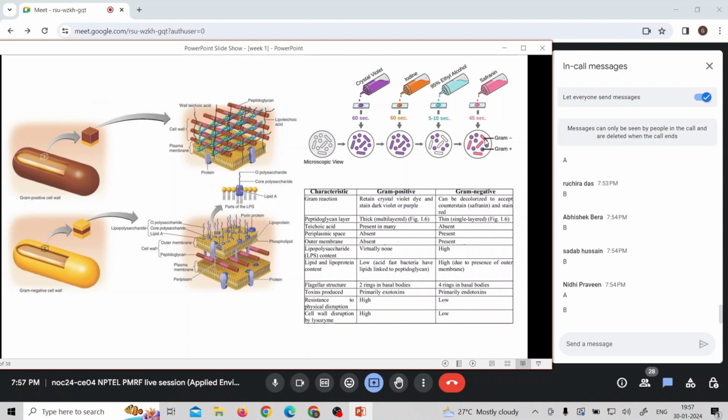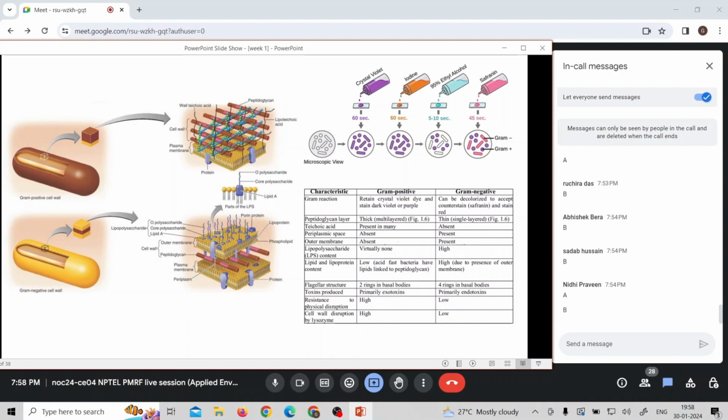Sometimes you use it for very unique purposes, like acid stains and basic stains, and there are many staining techniques. Since you're going to hear the terms gram positive and gram negative multiple times in microbiology, you should be aware of what gram staining is, and this is the procedure.